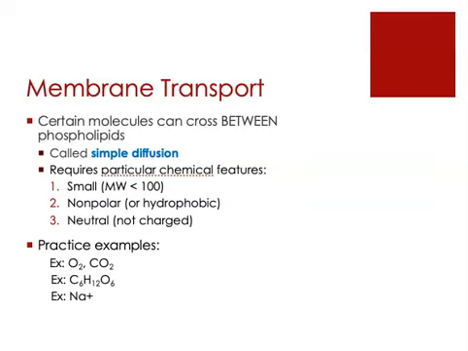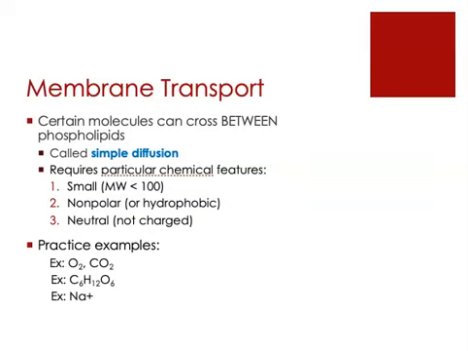If you recall from your chemistry class, the molecular weight of a molecule is simply the atomic weights of all of the individual atoms added up. So, for example, oxygen gas, which has a chemical formula of O2. Oxygen gas has a molecular weight of 16, and that's because each one of those oxygen atoms has an atomic weight of 8.